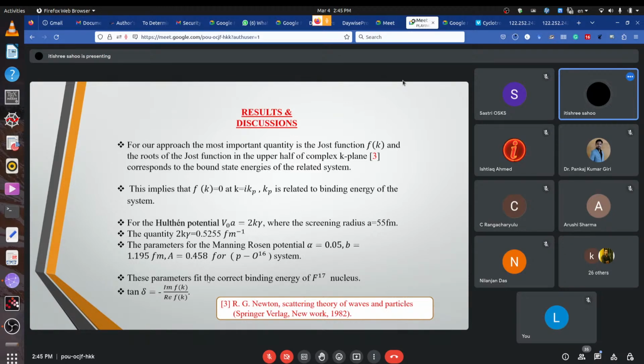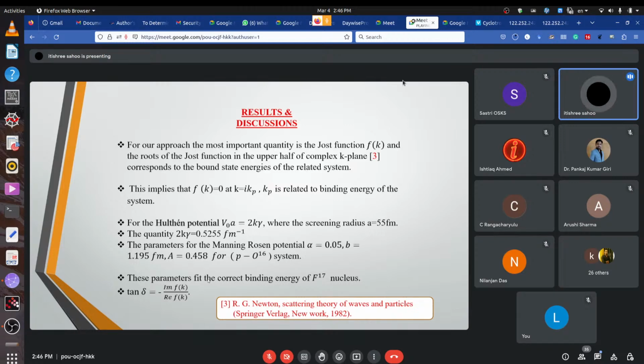The roots of the Jost function that lie in the upper half k-plane correspond to the bound state energy of the related system. So when we put k equal to i kappa, the Jost function will be 0. Then we find the binding energy of the system.